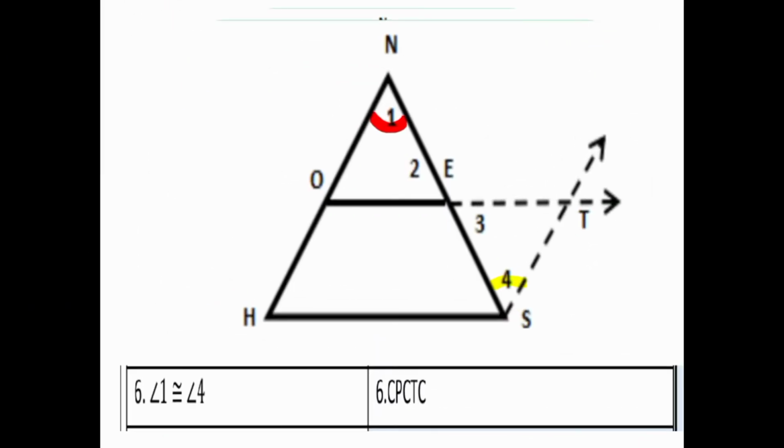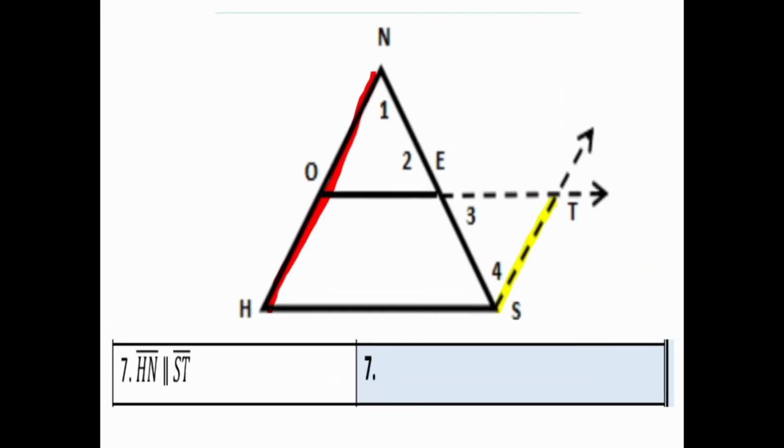Angle 1 is congruent to angle 4. Reason: CPCTC, or corresponding parts of congruent triangles are congruent, since in statement number 5 the two triangles are congruent and they are both parts of angle 1 and angle 4.